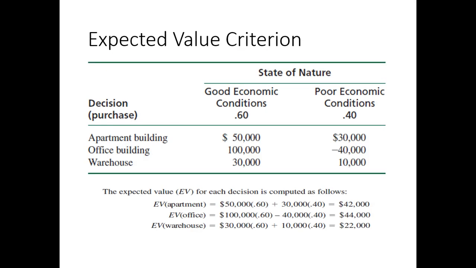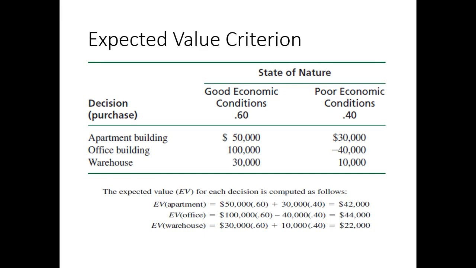Once you have studied and understood the decision making without probability, these two are almost the same as the earlier methods, minimax regret and the likelihood and Hurwicz method. In the case of expected value, it's the same as LaPlace or Hurwicz, but the only difference here is that the values 0.6 and 0.4 are not guesses.